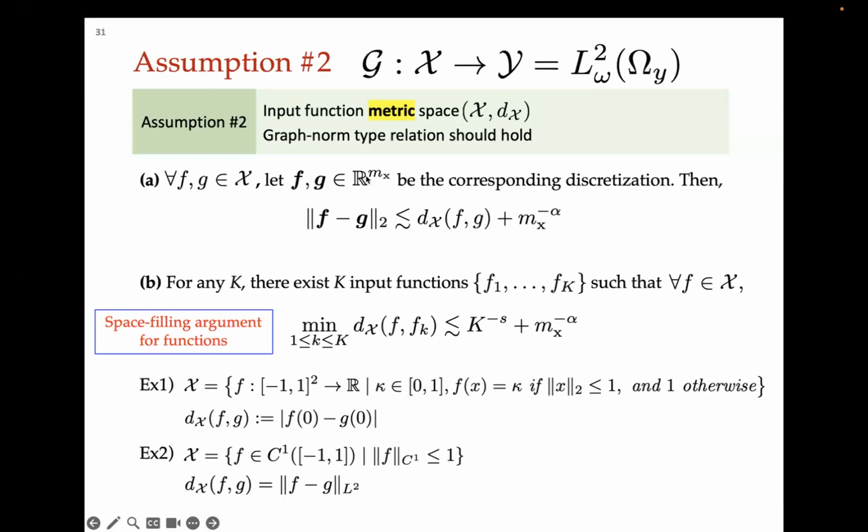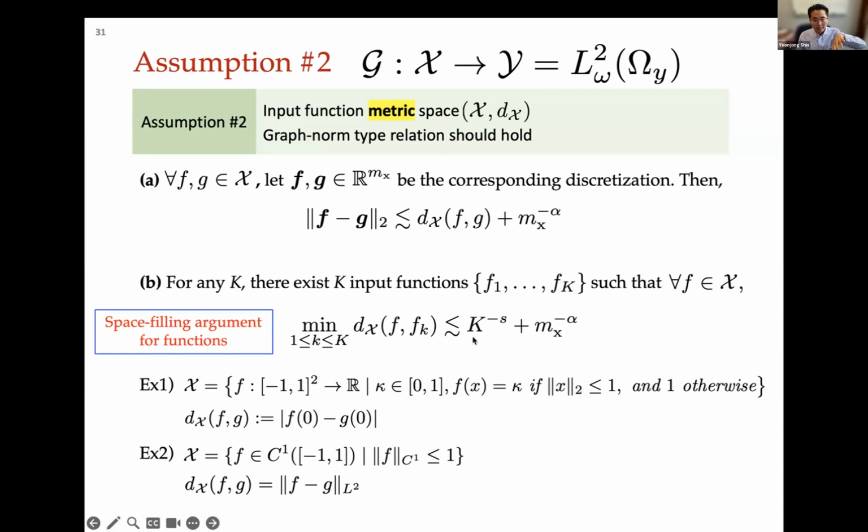So that is about A. A is only concerned with how many MX you have for the discretization sense. And B is concerned with how many functions we need to cover the entire function space. So that's where the K comes into play.